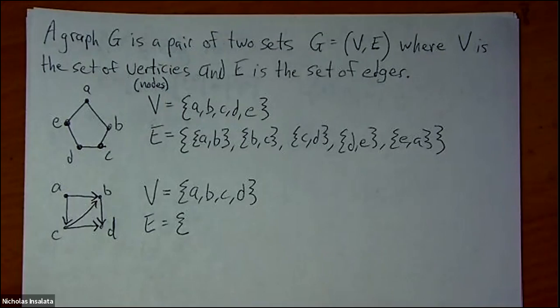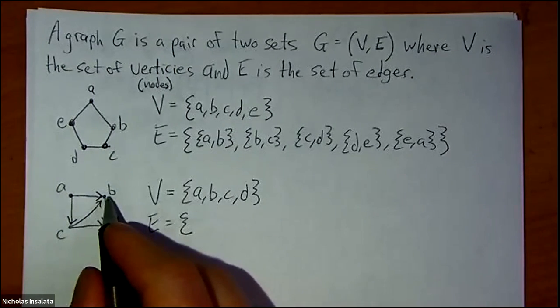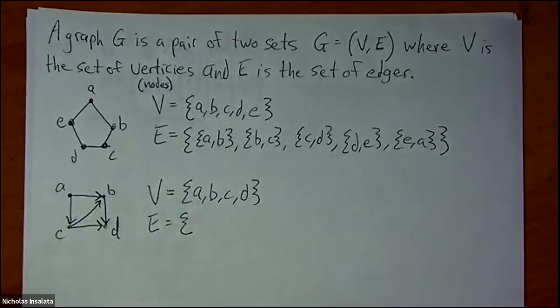We have to say which node we're coming from and which node we're going to. So what mathematical structure has an order to it? Like I said, I want to use that instead of a set. So Nathan, yeah, an ordered pair is what I'm looking for.